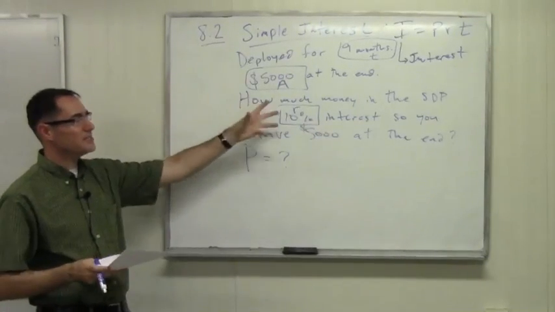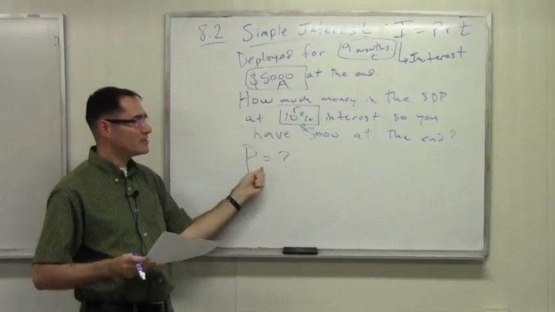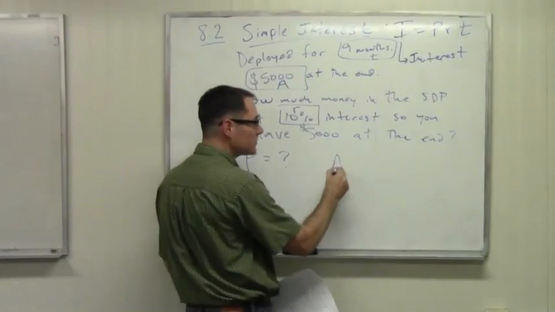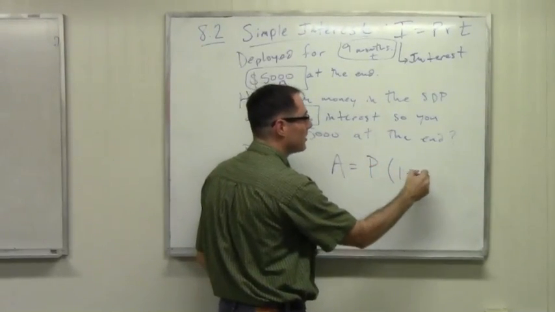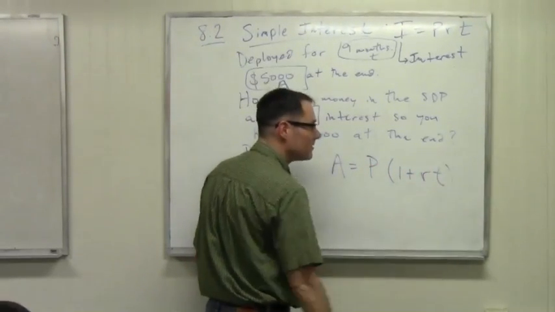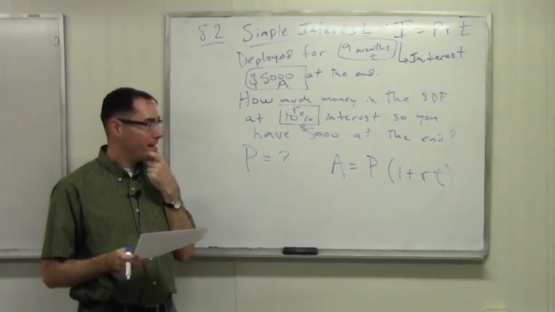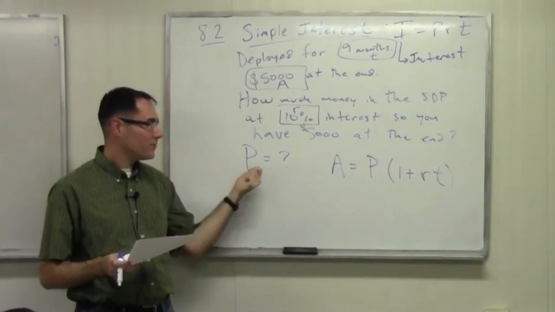You look at all these things and you say, I know a formula that relates the future value to the principal using the interest and the time. You write it down: future value equals the principal times 1 plus the rate times the time. Now you're solving for principal.